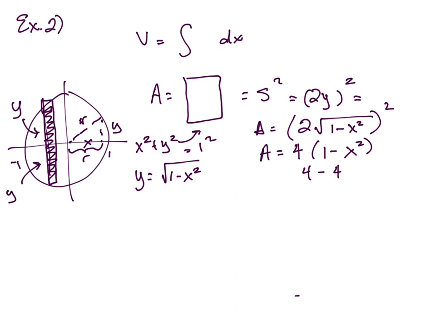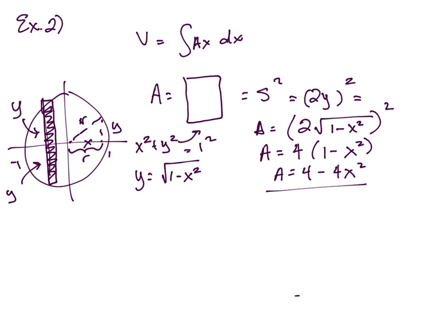We want to get this as simplified as possible before we go into our area function, into our volume integral. Volume is always the integral of area. Now we have an area function. Again, the hardest part is figuring out what's happening here. Recap. I'm looking at squares.